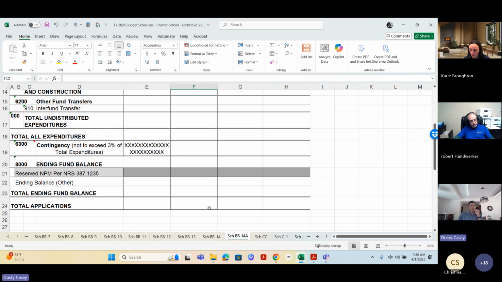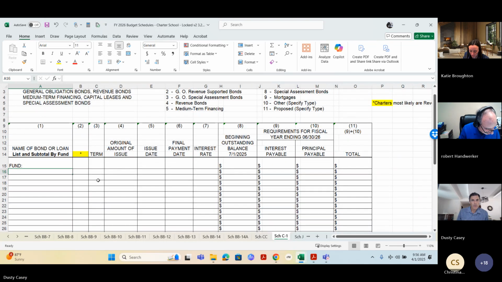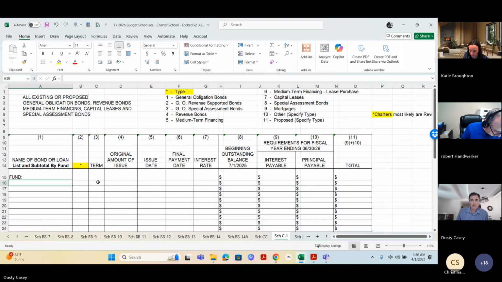Okay, any other questions? All right, we're going to skip to Schedule C-1. Pull this up. Okay, so this is somewhat similar to the old debt tab that was on the old workbook.